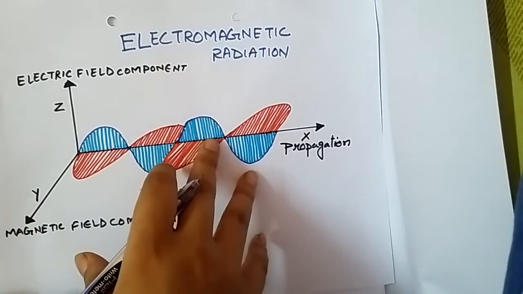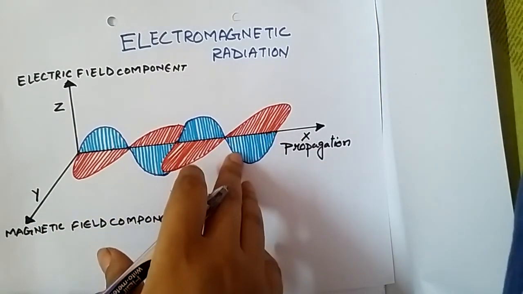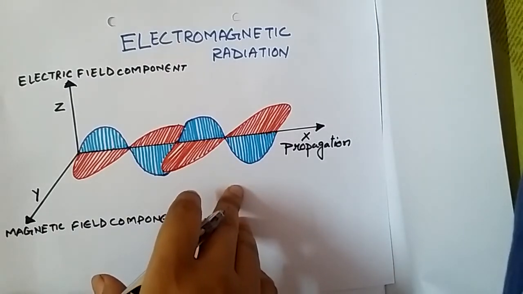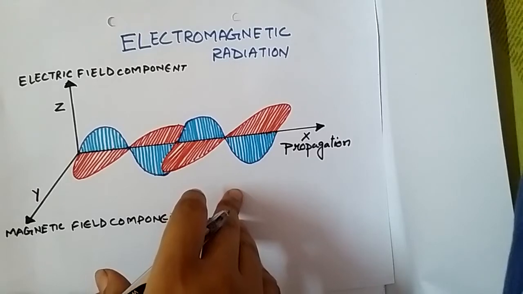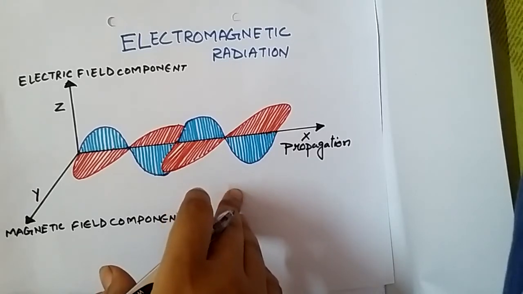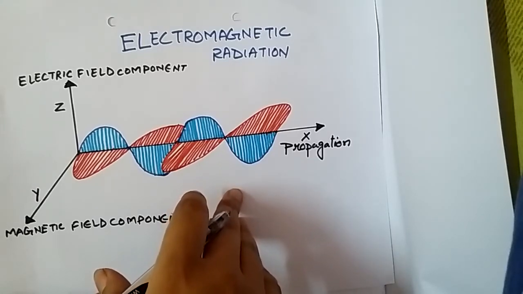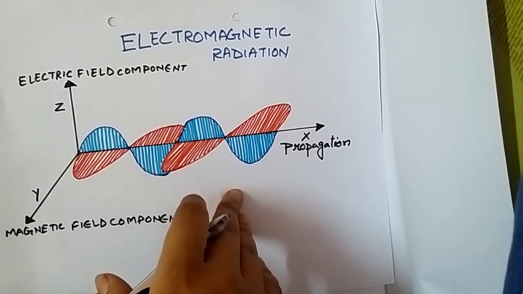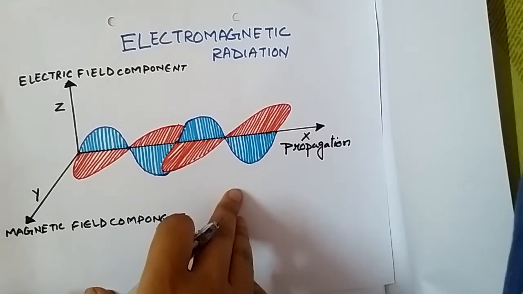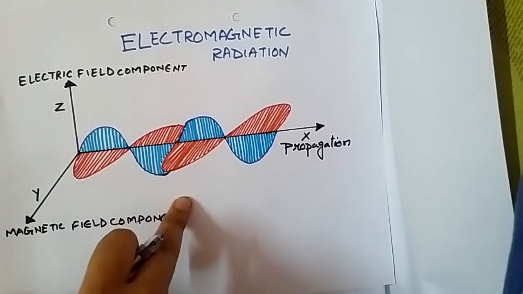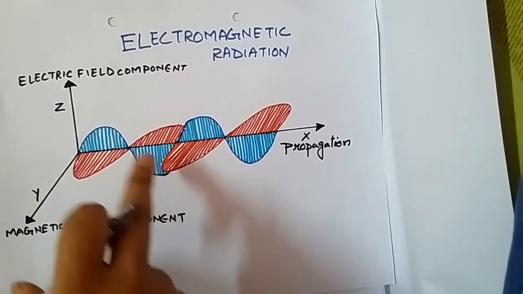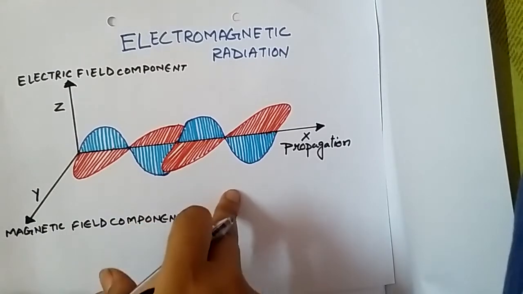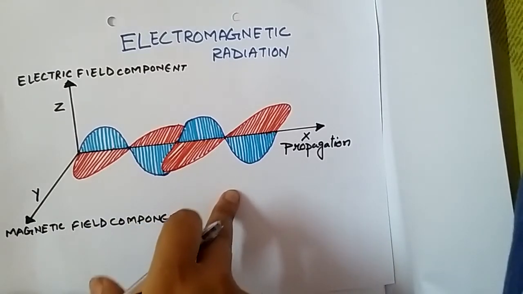If we talk about light, light is also an electromagnetic radiation, which was revealed again by Maxwell, because before this, during the earlier Newton times, Newton had proposed that light is made up of particles which he called corpuscles. But later on, Maxwell showed that light also consists of alternating electric and magnetic fields, so he considered this an electromagnetic radiation.